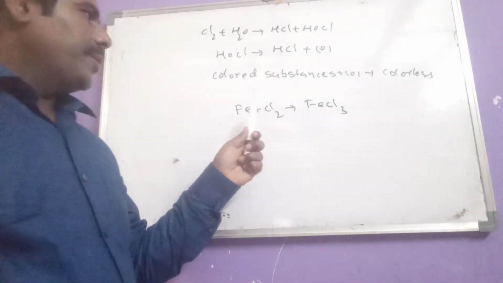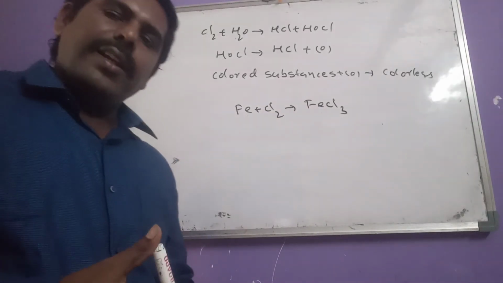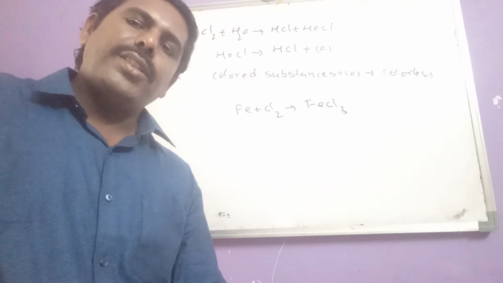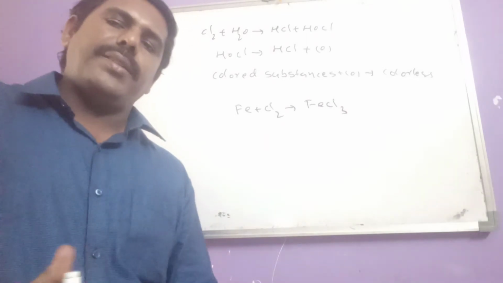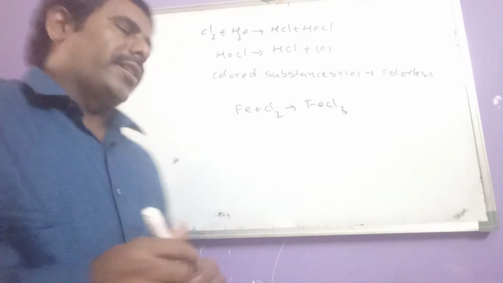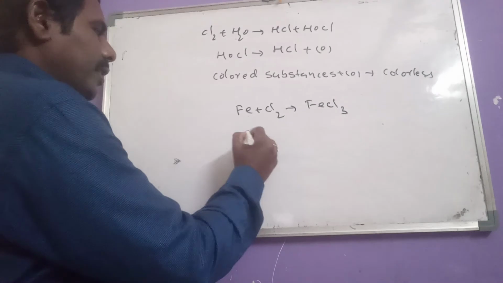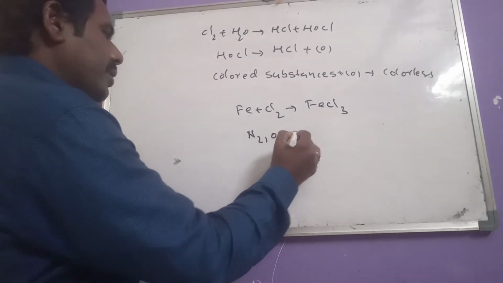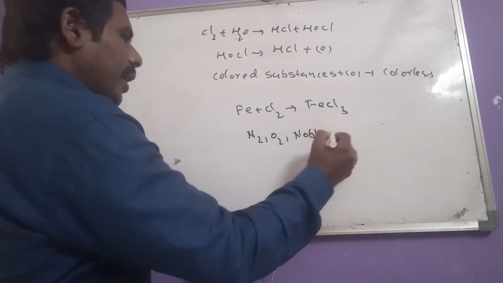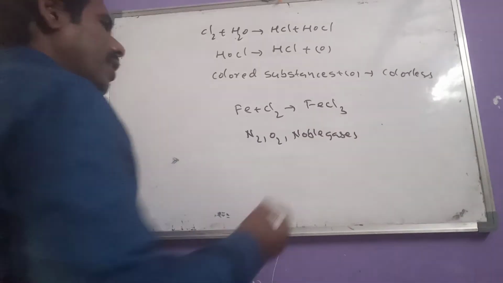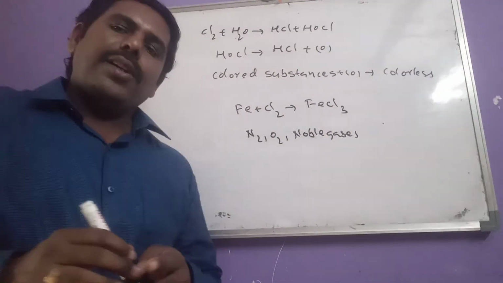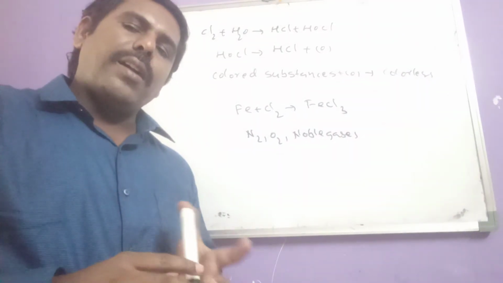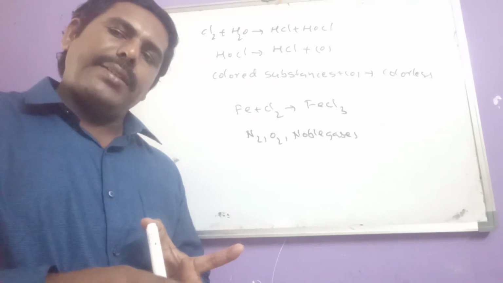So chlorine always gives high oxidation state products with metals, and with non-metals, except with nitrogen, oxygen and noble gases. With all non-metals, chlorine reacts at ordinary temperatures.